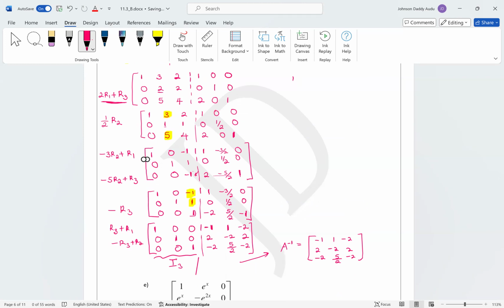So what we're going to have here is -1 plus 0. And this is going to be -1. Okay. And then we also did minus R3 plus R2. So we have minus plus this, and this is 0.